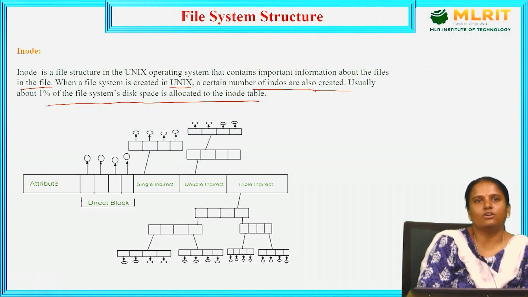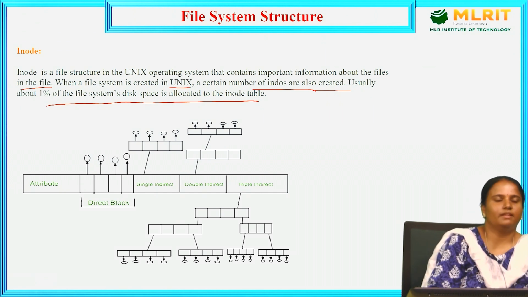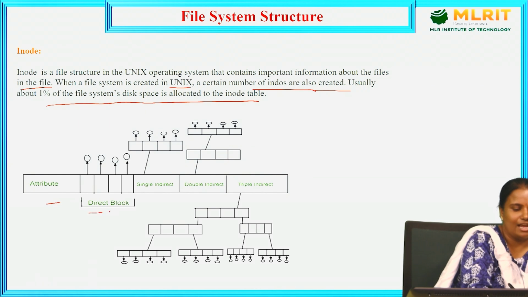So how does the inode work here? It starts from attributes and direct blocks. Direct blocks mean accessing files directly through directories. A single indirect block consists of a single directory with a single file.